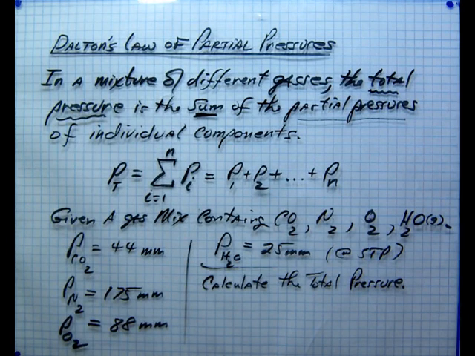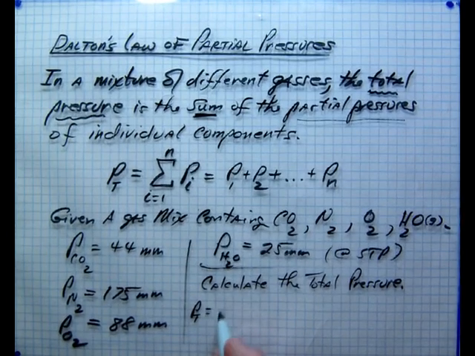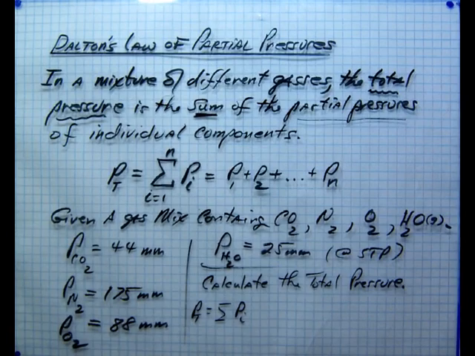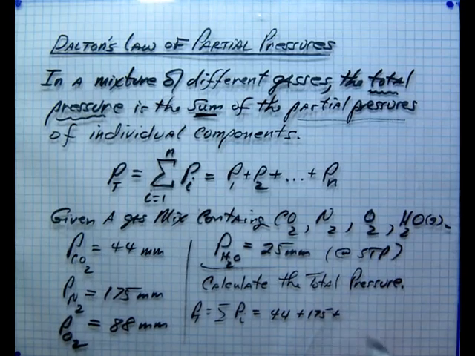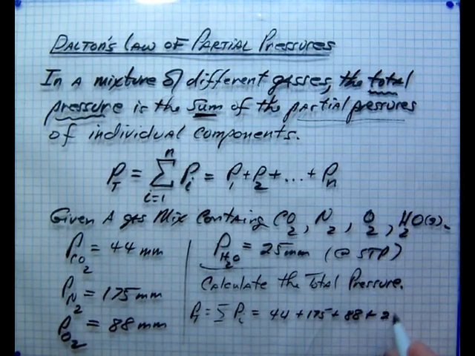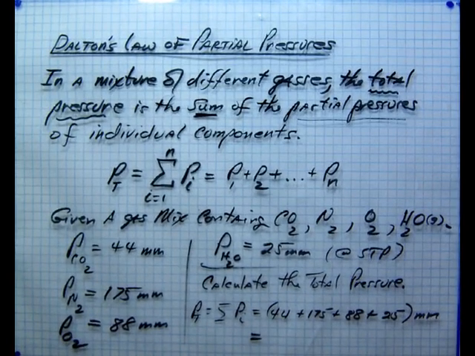So we simply say P total is equal to the sum of the individual values, which is 44 plus 175 plus 88 plus 25, all in millimeters. Simply enough, 332 millimeters of mercury.